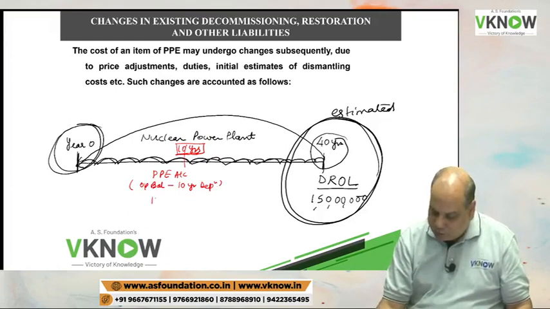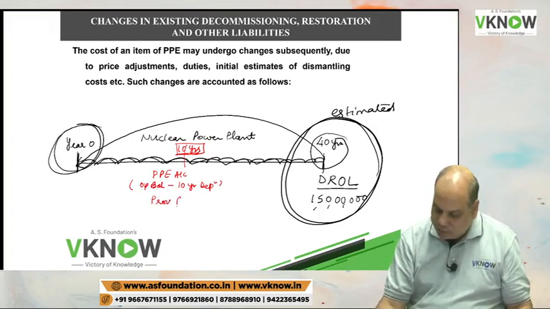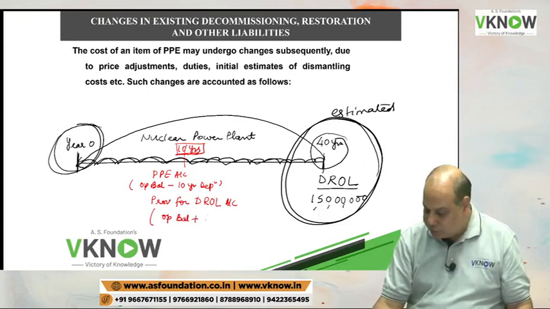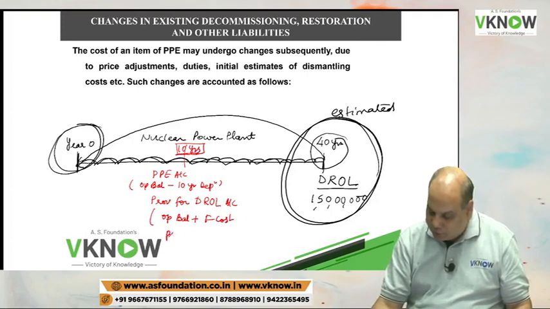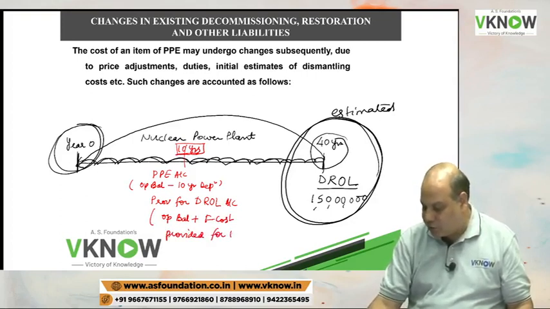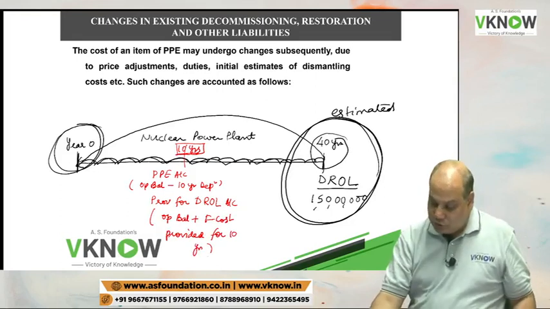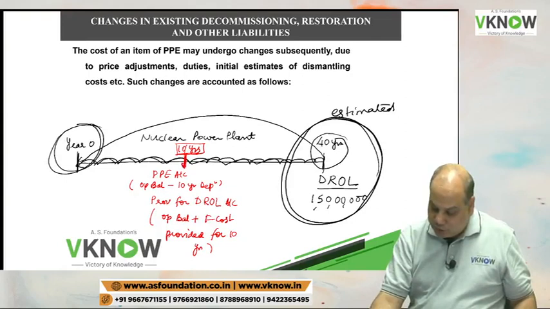I will have a provision account, provision for decommissioning, restoration, and other liability account. This will be equal to opening balance plus finance cost provided for 10 years, because every year I am going to add the finance cost. So this is my position here after 10 years.